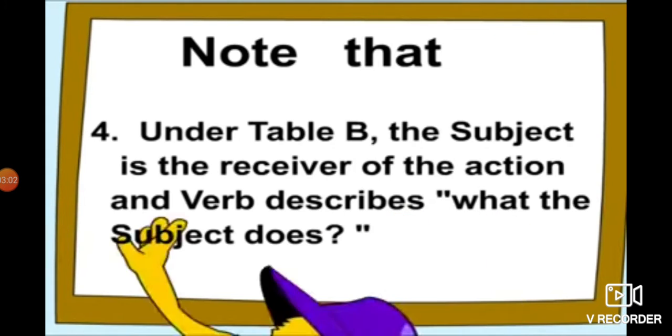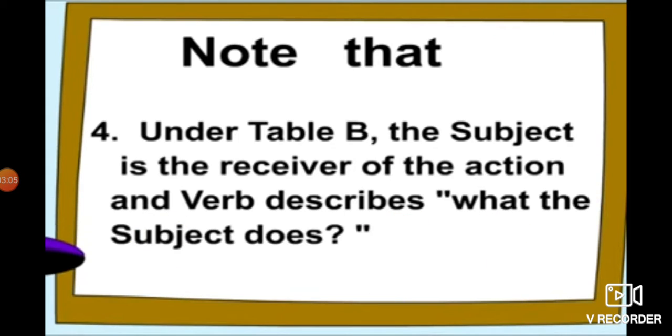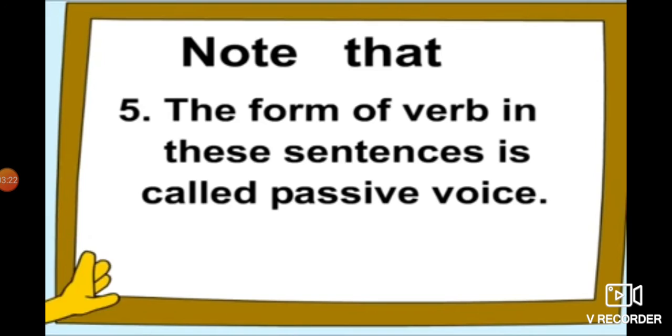In table B, the subject is the receiver of the action. Fifth one, the form of the verb in these sentences is called passive voice.